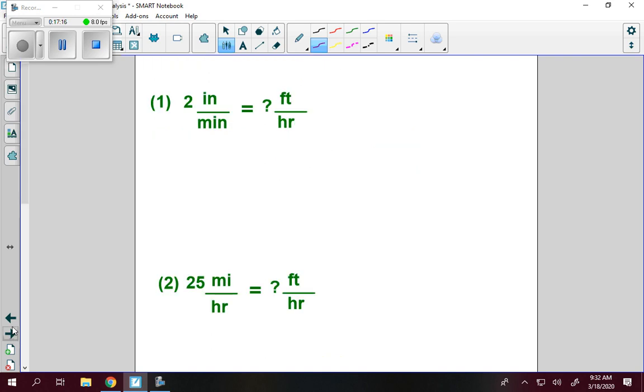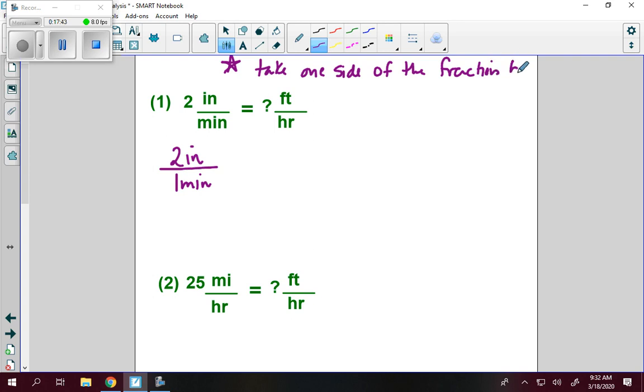So what if you have two types of rates? If you have to change from one rate to another, like inches per minute to feet per hour. Well, I want you to write the fraction over that you have. So I'm going to write 2 inches per minute. And the key here is to take one side of the fraction bar at a time.